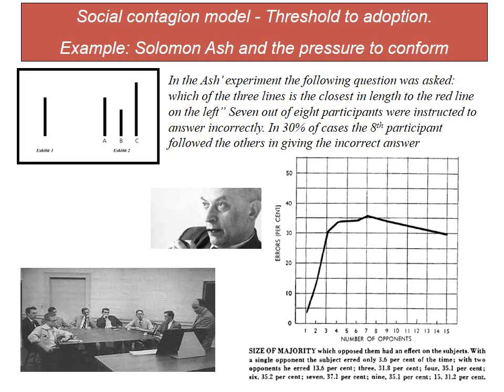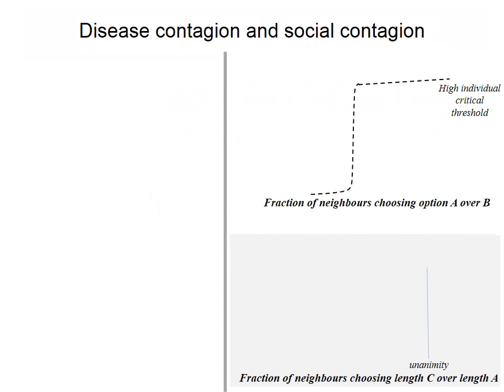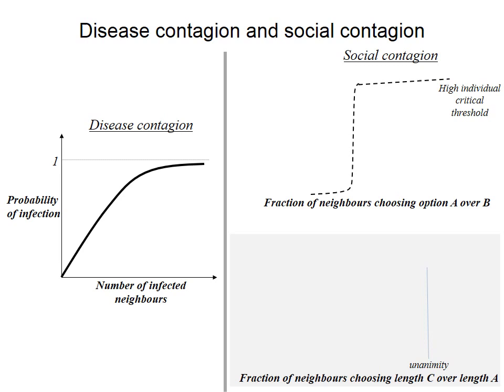Because if even one gives the right answer, then the self-confidence of the individual is immediately raised, and there's no doubt that he will give the right answer. This leads to a new understanding of contagion, which is represented in this graph.